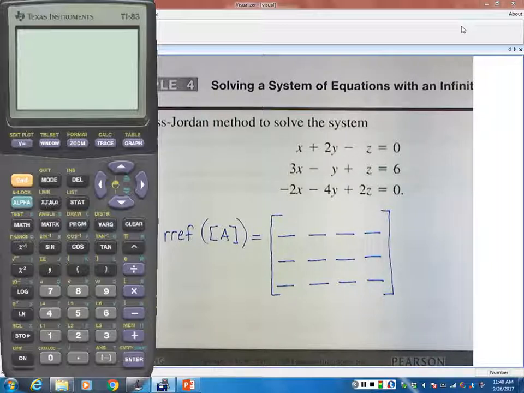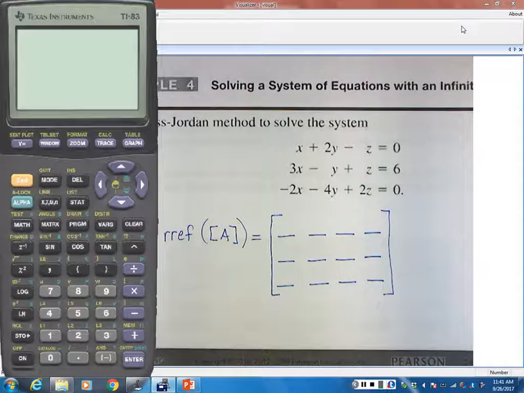Who's got the first row? Raise your hand if you know what the RREF for A is. Got your first row? I think I do.